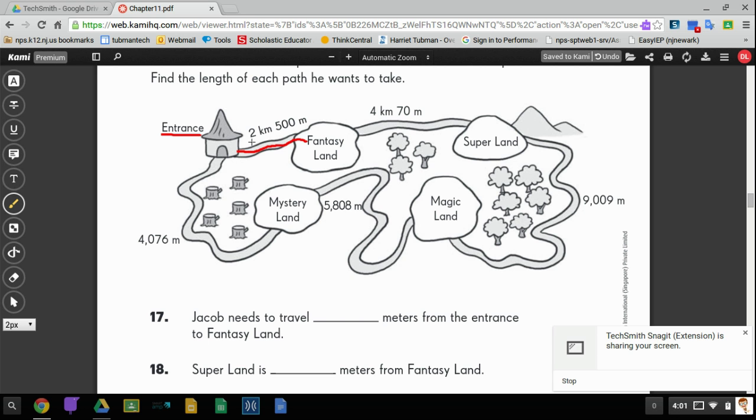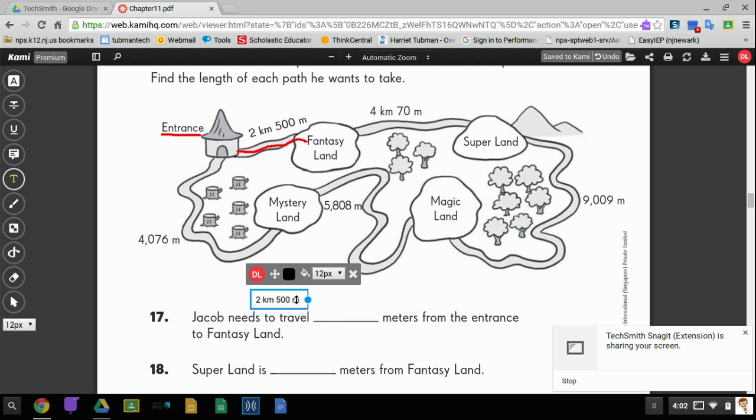So I know it's 2 kilometers, 500 meters. But it doesn't ask for that, it asks for it in meters. So I'm going to write 2 kilometers, 500 meters, because we have to convert this into meters.